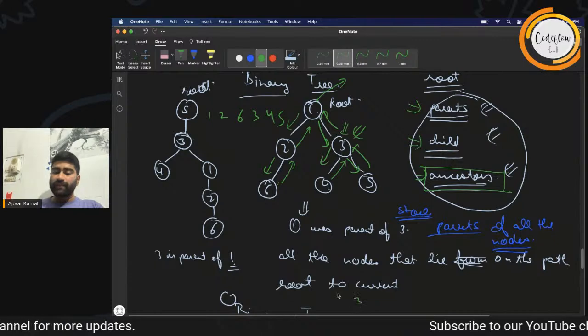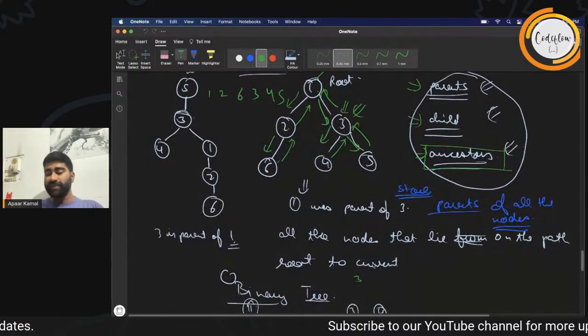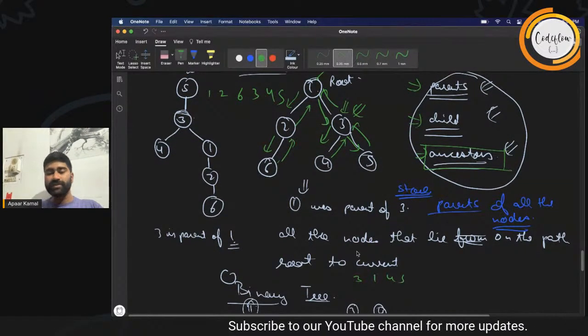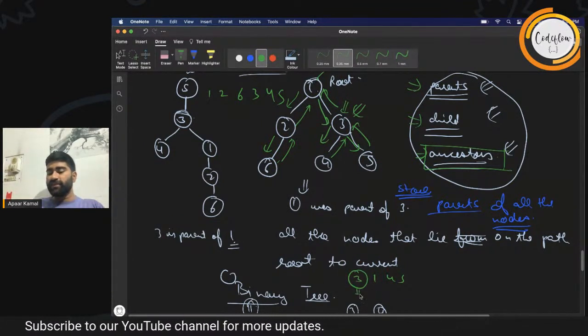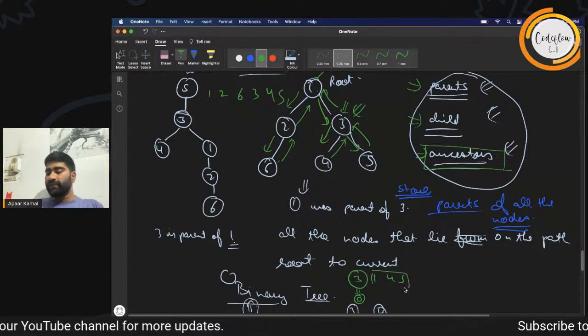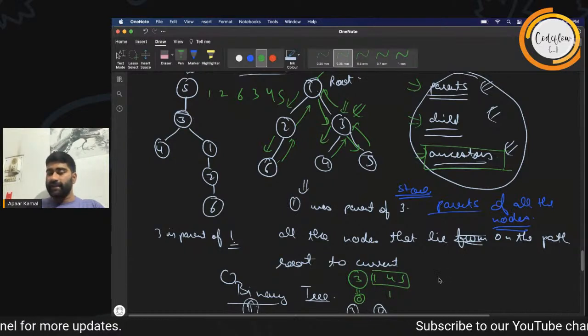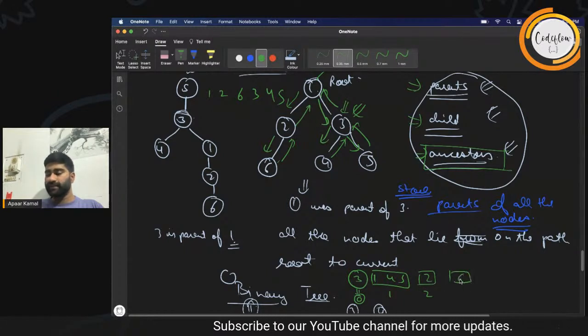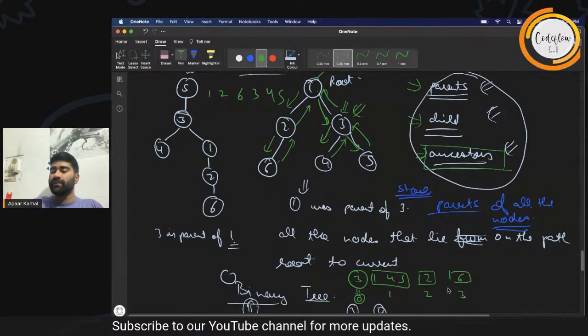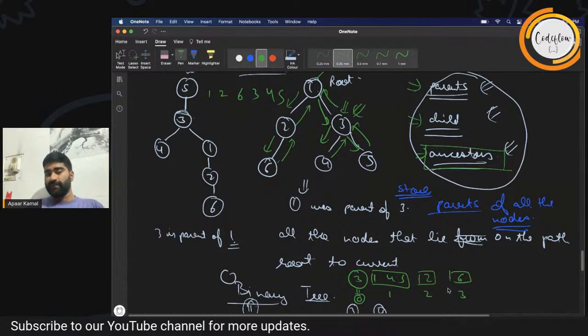So I will be on 3, then I will visit 1, 4, and 5, because these three nodes have a distance of 1 from 3, while 3 itself has a distance of 0. And then I'll visit 2, which has a distance of 2 from 3, and then I'll visit 6, which has a distance of 3 from 3, right?